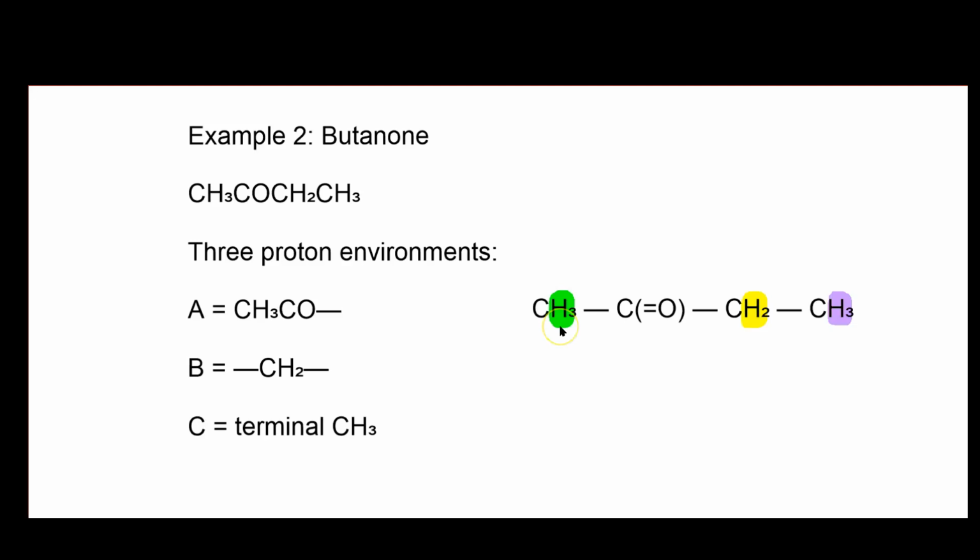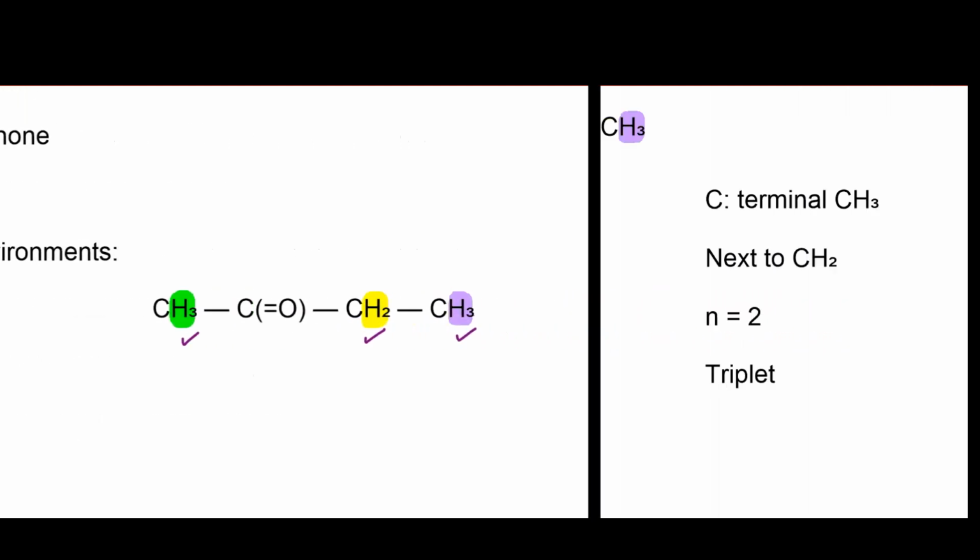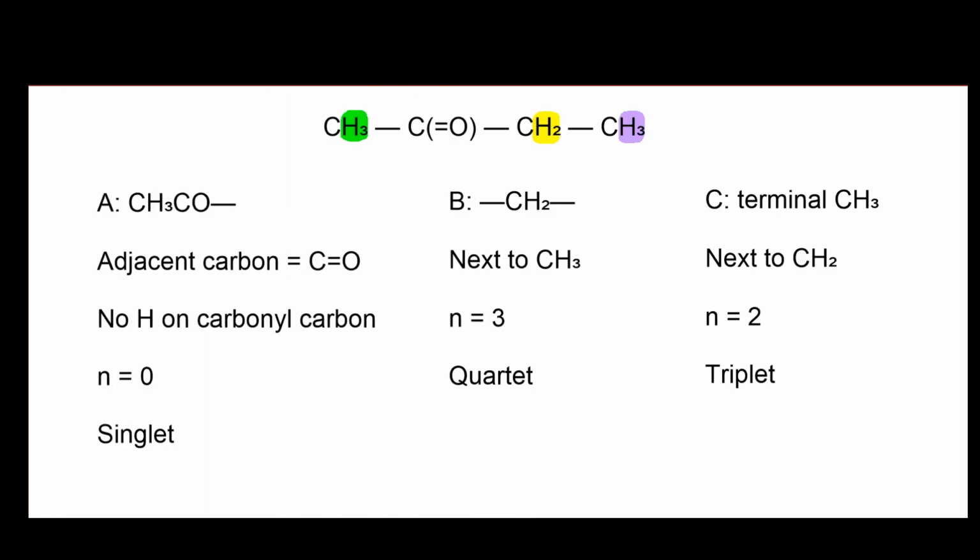Now, let's look at butanone, CH₃COCH₂CH₃. There are 3 proton environments: CH3CO, CH2, and the terminal CH3. For CH3CO, the adjacent carbon is the carbonyl carbon, which has no hydrogen atoms. So, n equals 0.